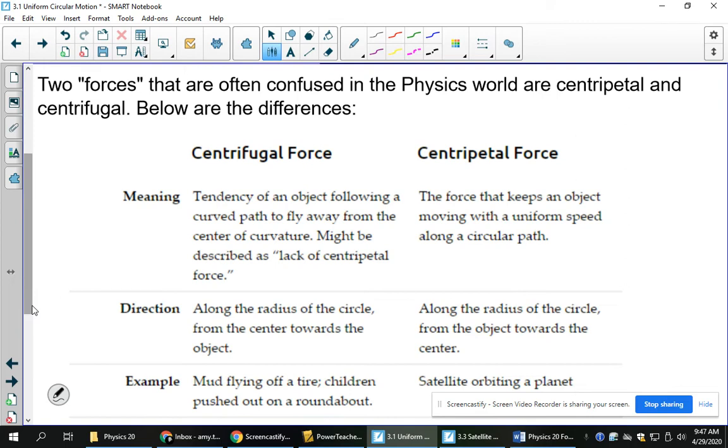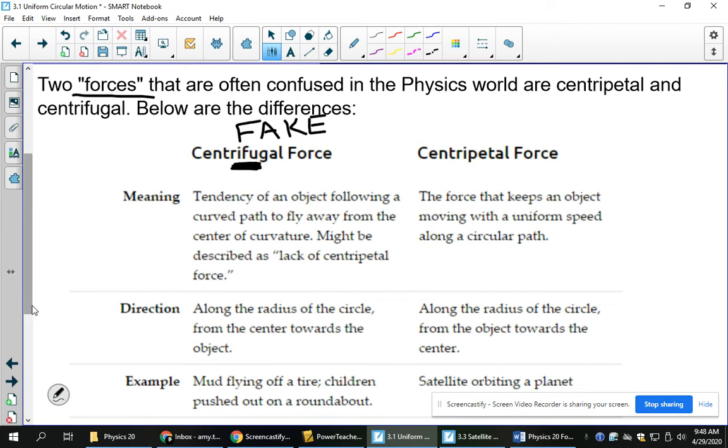So I've put forces up here in quotations because one of them's a force, but the other one is actually not a force. They're easily confused because they kind of sound the same, but one of them has an F in it, and that F stands for fake.